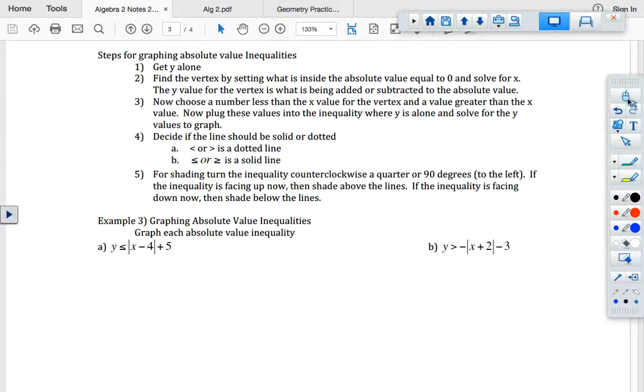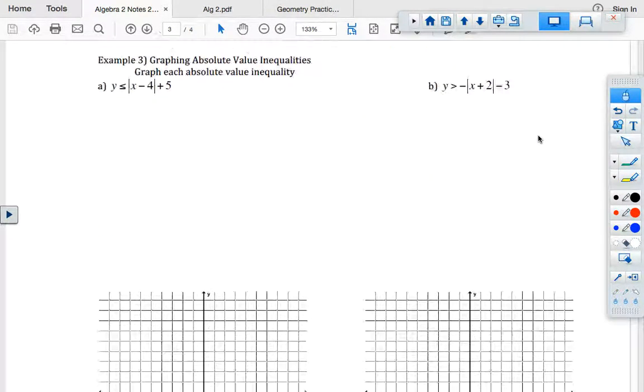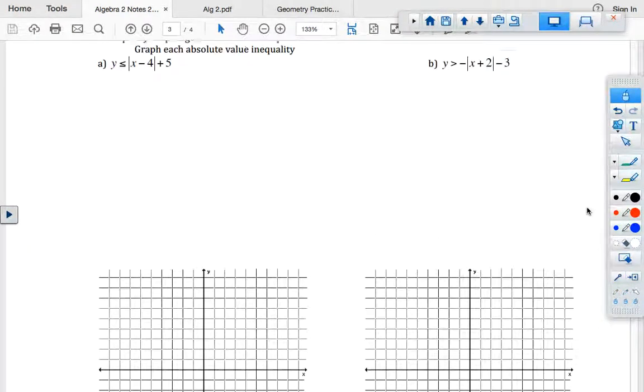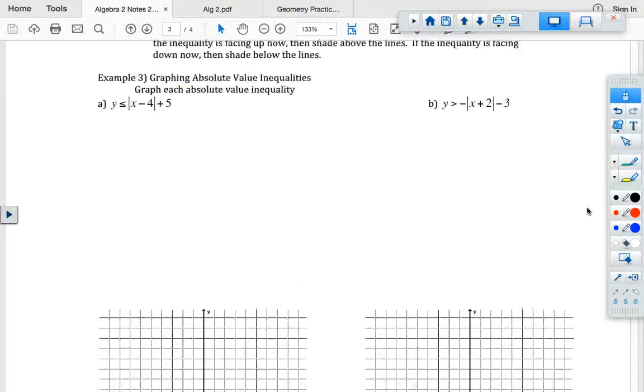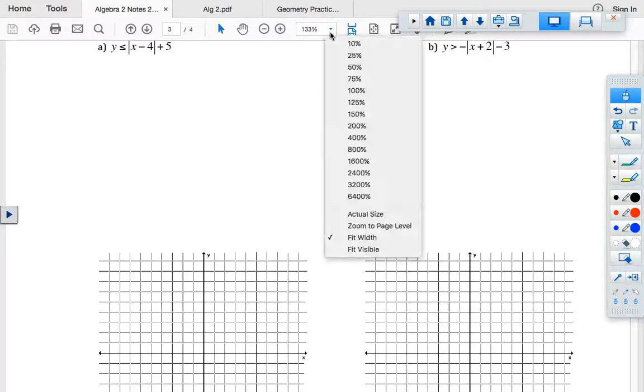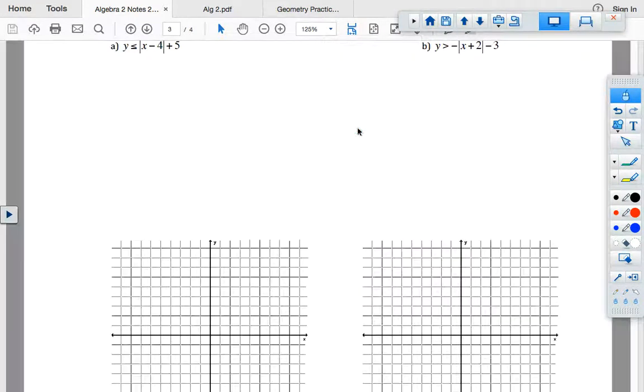So is my y value alone in A? Yeah, the y is alone. So now we can take whatever's inside the absolute value and set it equal to 0.